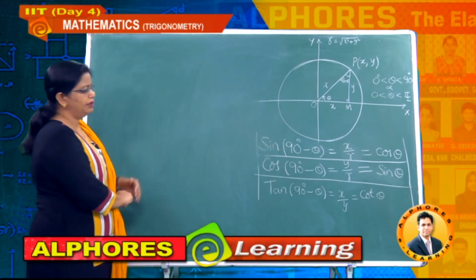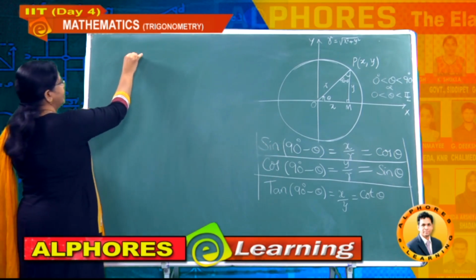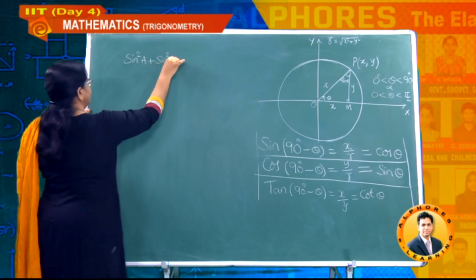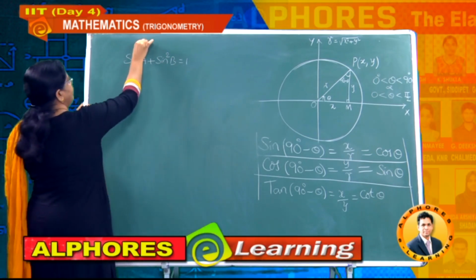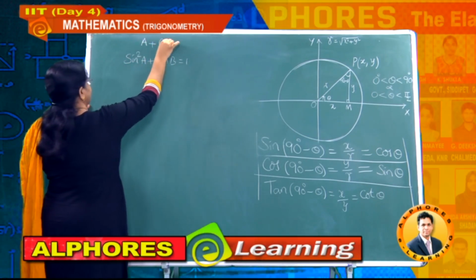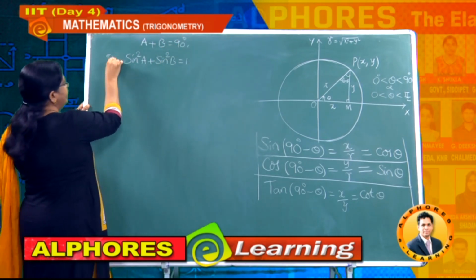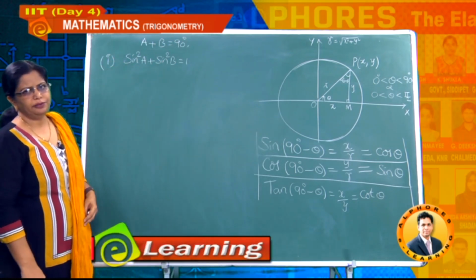So now where we apply this concept exactly? Suppose sin square a plus sin square b equal to 1, and now the condition is a plus b equal to 90 degrees, or you can say the two angles are complementary angles, then we can say sin square a plus sin square b equal to 1.